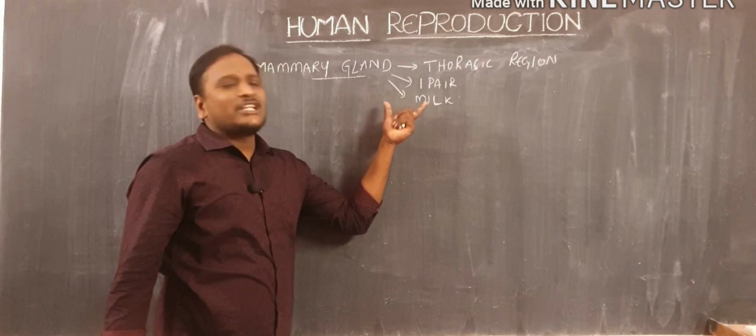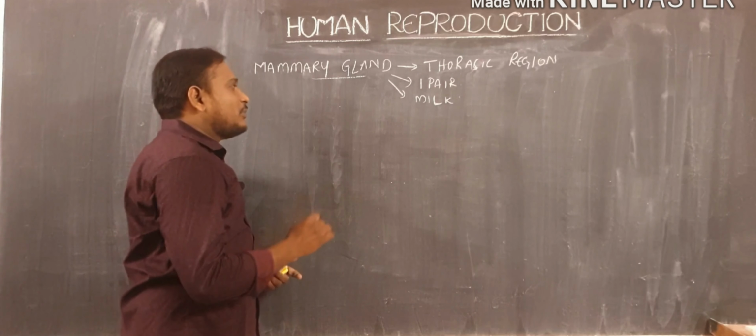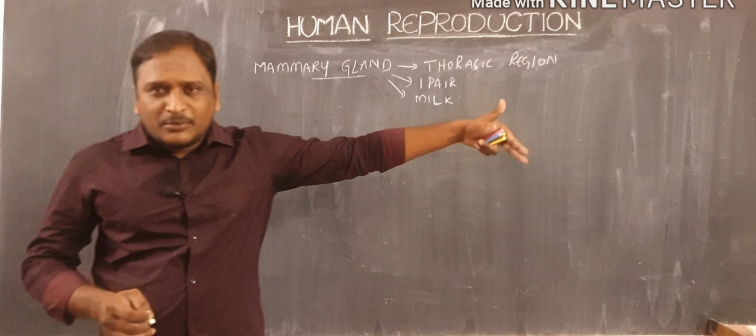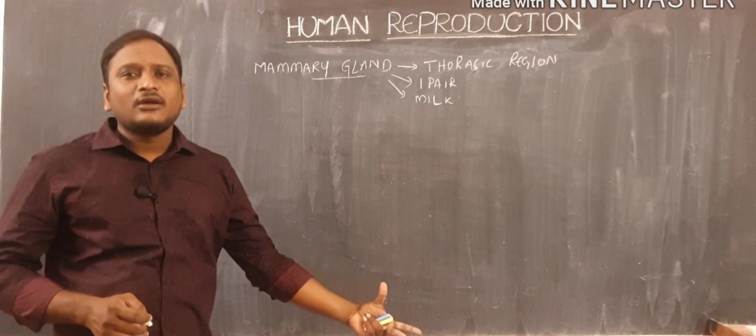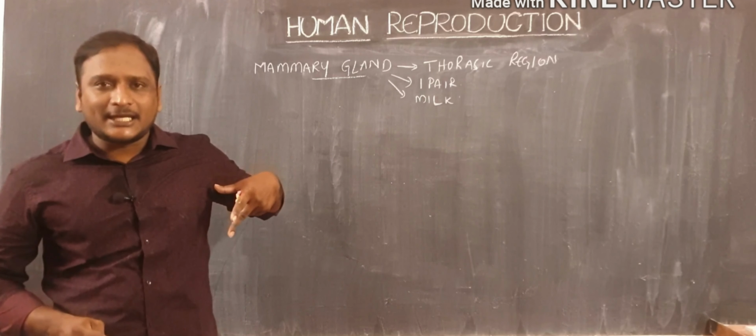Okay, what is the structure of this mammary gland? If we observe the mammary glands from the lateral view, what structures are present in the mammary gland? We will discuss that by observing from the lateral side.